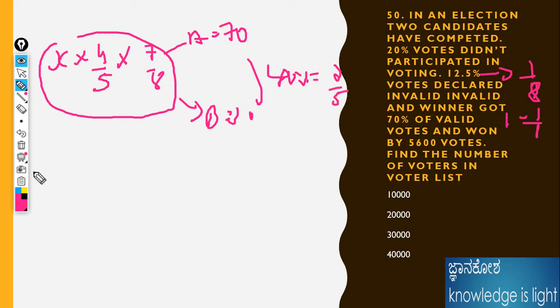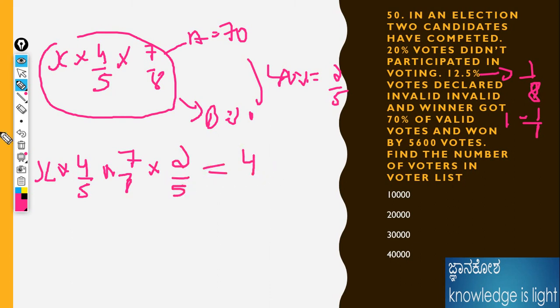Therefore I write x into 4 by 5 into 7 by 8 into 2 by 5 is equal to the amount of votes, 5,600. 7 on the 7 8 the 56. 8 4 to the 8, 8 on the 8 is given.